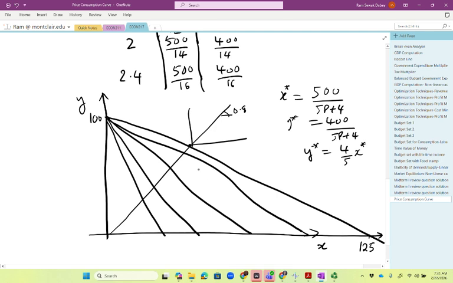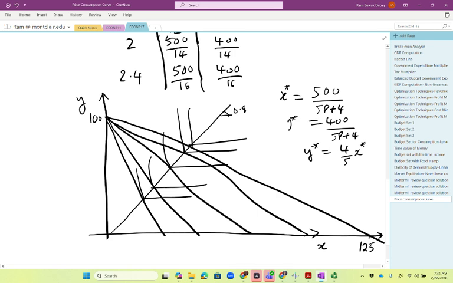You will notice that at every indifference curve, the optimal choice is such that we are always at the point of the kink, where there is a change in slope. So I go down a little further every time. These are the indifference curves which give us the optimal choice.